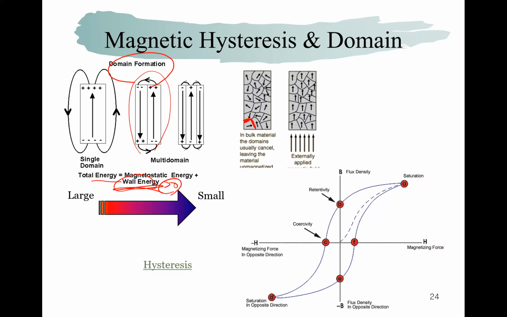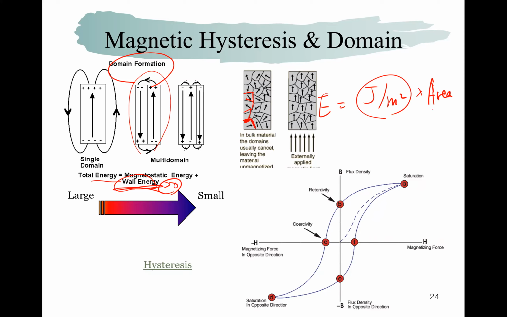So it means if we have more domains, we have more domain wall area, and then the total energy is increased. Please remember that the domain wall energy is an energy density with the unit of joule per meter squared. So when we multiply by the area of the domain wall, we get the total energy.